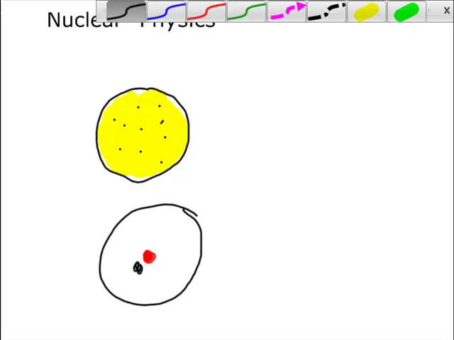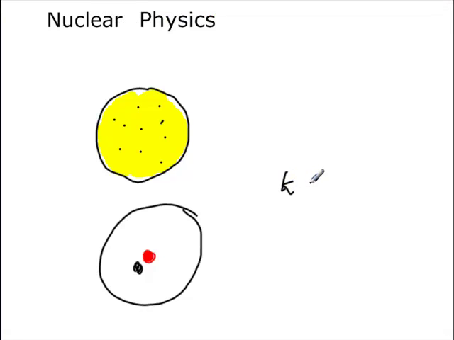Remember, Coulomb's law is that the force is kqq over r squared. If the charges can be closer together, then we can get a much larger force, enough force and enough momentum to actually turn this through a large angle.